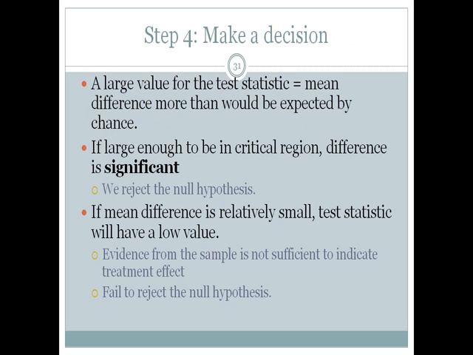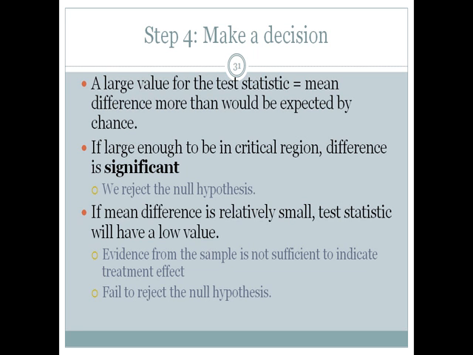If the difference is large enough that it is in the critical region, we say that the difference between the treatment mean and the population mean is significant, and we reject the null hypothesis. If the mean difference is relatively small, which means that it's not in the critical region, then we fail to reject the null hypothesis.